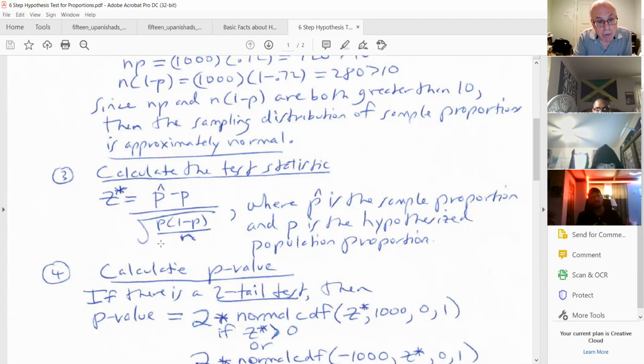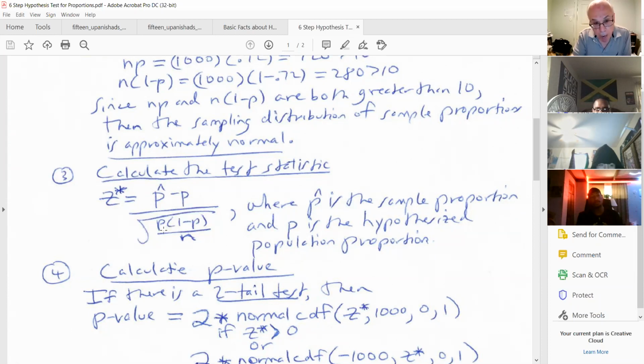In the denominator is the square root. This is the standard error, the standard deviation of the sampling distribution of sample proportions. The square root of what? p times (1 minus p) divided by n. Now, don't use p-hat in the square root formula like you did with confidence intervals.